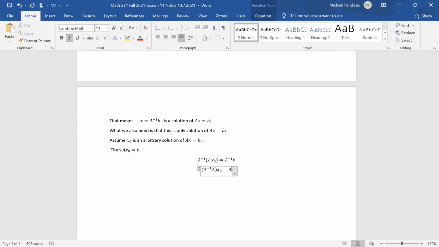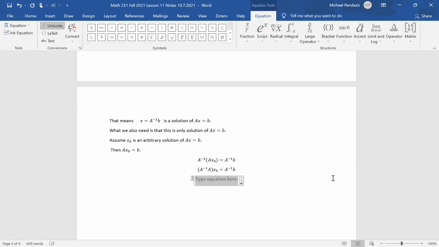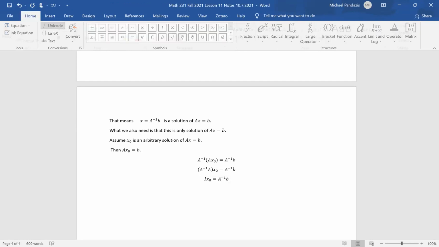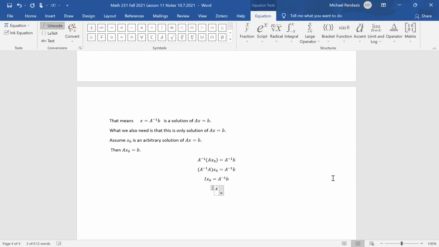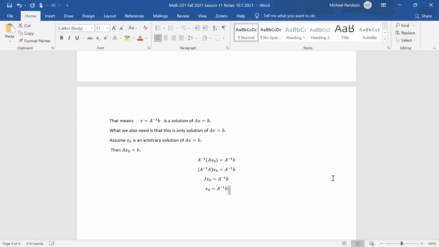By associativity of matrix multiplication, the left-hand side becomes I X naught, which is equal to A inverse B. But multiplying by the identity doesn't change anything, so X naught is equal to A inverse B. We assumed that X naught was an arbitrary solution of AX equals B, and we deduced that X naught is equal to A inverse B.